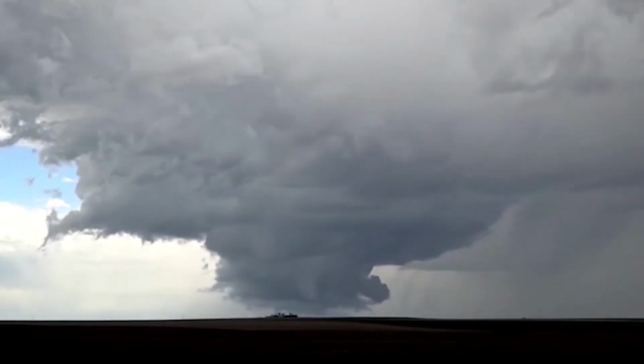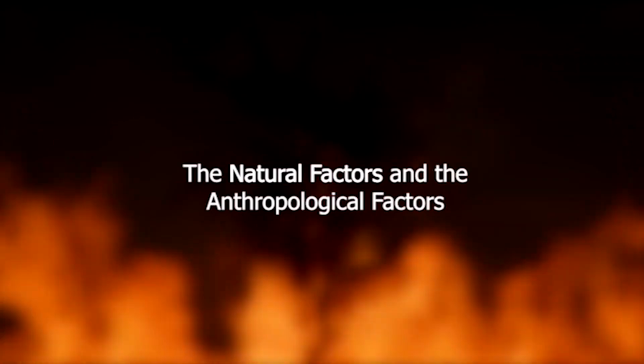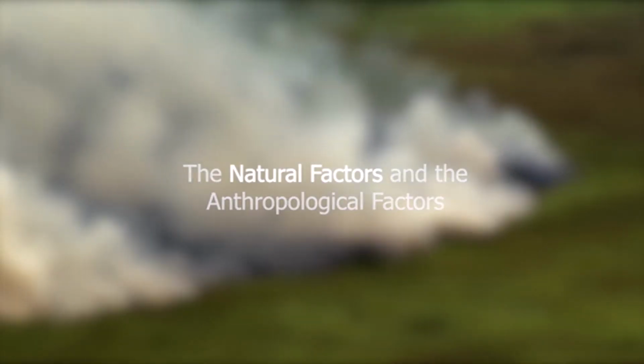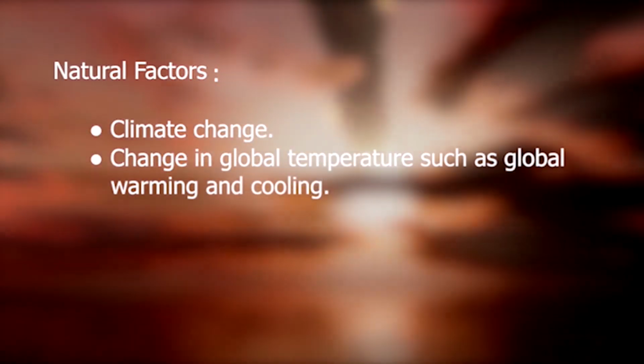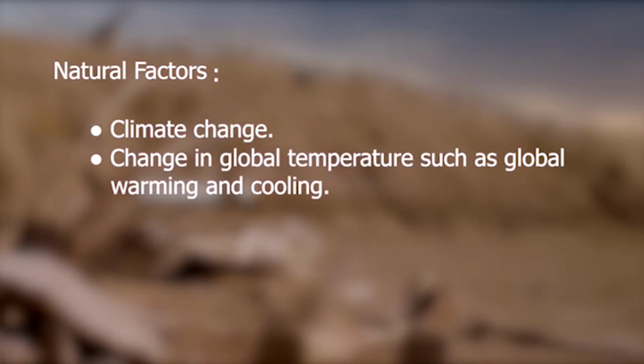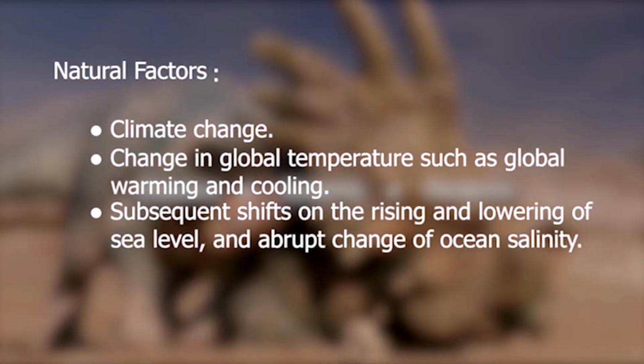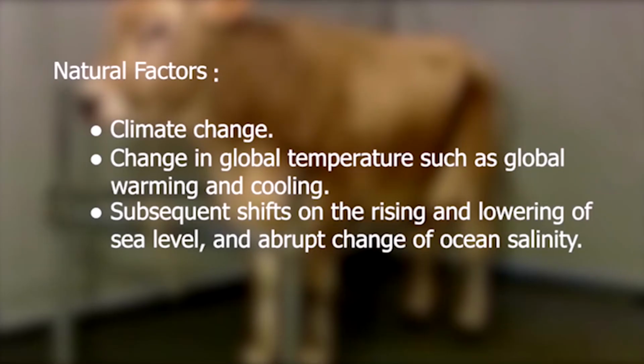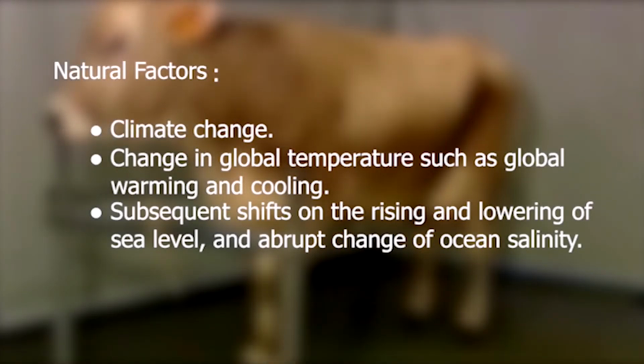There are 2 factors that may cause the extinction of species: the natural factors and anthropological factors. Natural factors include climate change, change in global temperature such as global warming and cooling, subsequent shifts on the rising and lowering of sea level, and abrupt change of ocean salinity.